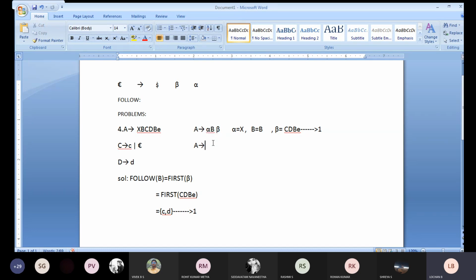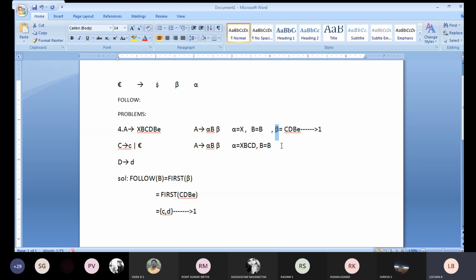Here alpha I am going to take as the complete thing. B I can take once again as B is equal to B. Why? Because you are going to get 2 B's here. So for the second B, I am going to calculate now.